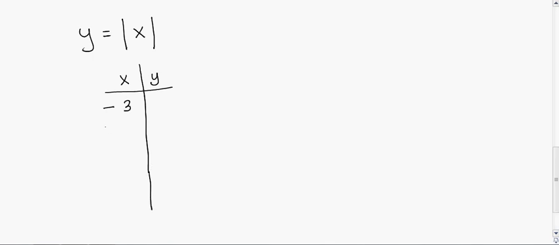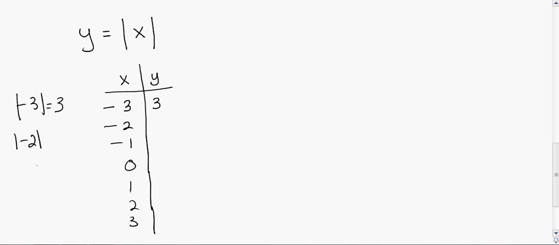Pick a couple of negative ones, pick a couple of positive ones. Usually 0 is good to put in there. So I'm choosing -3 all the way up to +3. Now let's plug those values into our function. So let's see, -3. What's the absolute value of -3? Well, -3 is 3 steps away from 0, so when x is -3, y is 3.